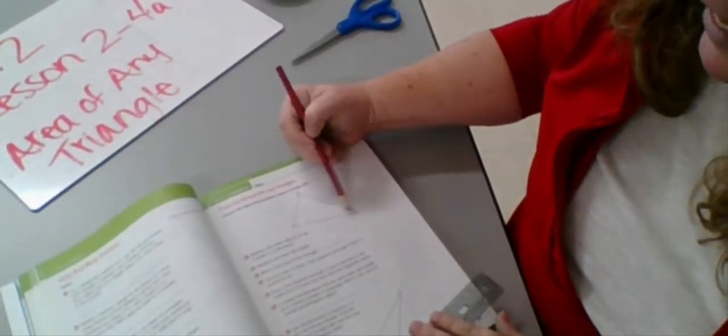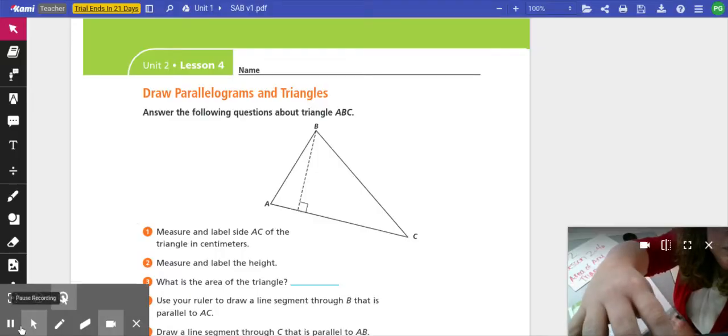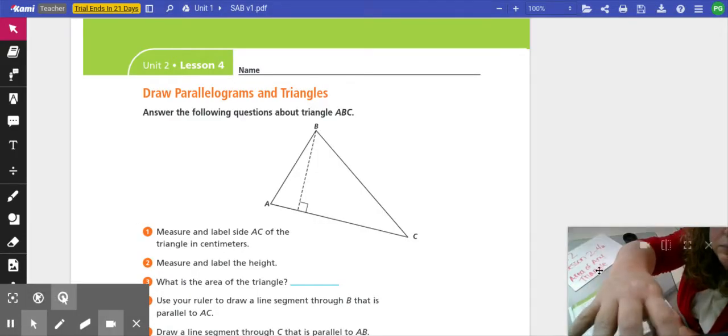Here it is. Try to measure the line from A to C using centimeters. All right, so on our ruler, notice that the end of the ruler very often is not the start of where you measure.